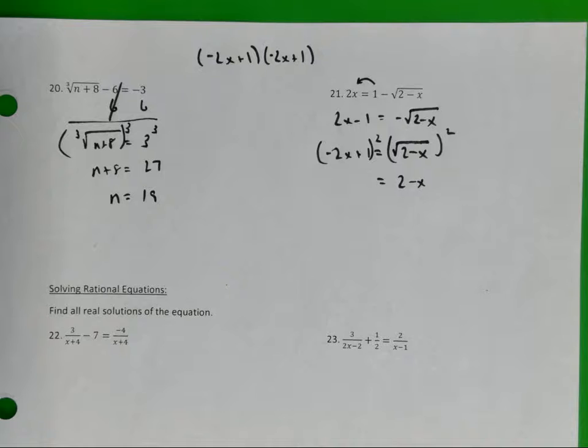So our first step was to get the radical by itself. Then we raise both sides to the power we need it to. Sometimes you're going to have to FOIL these.